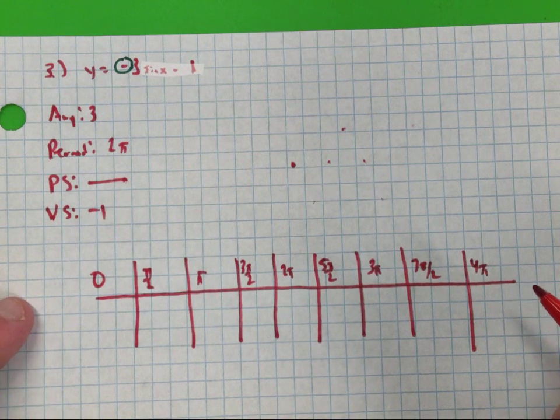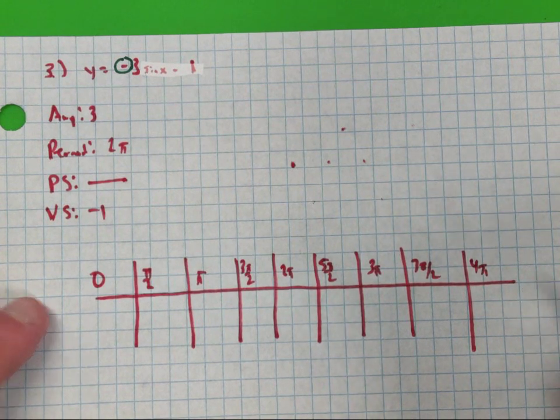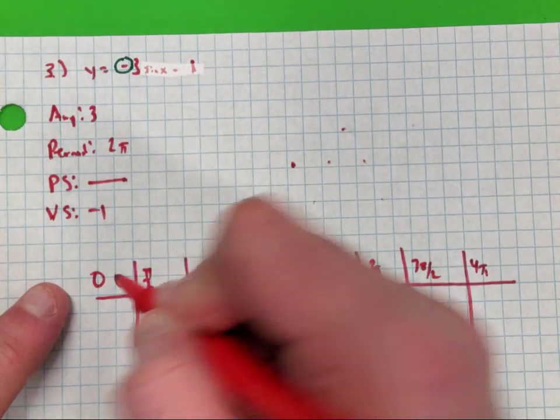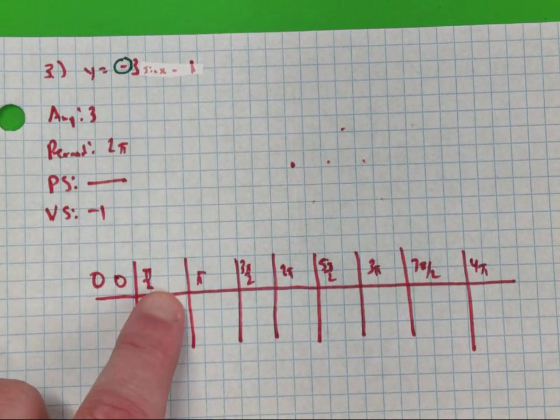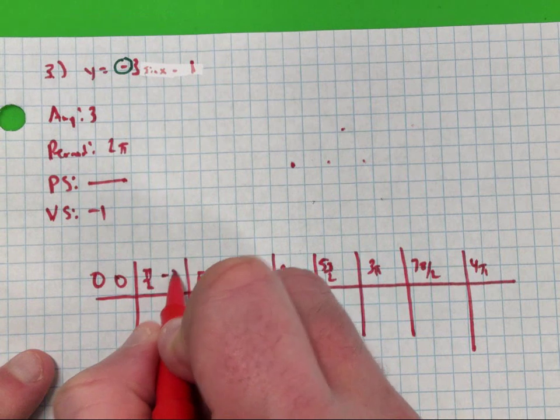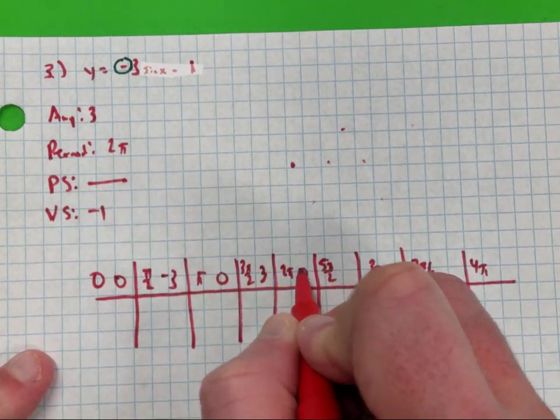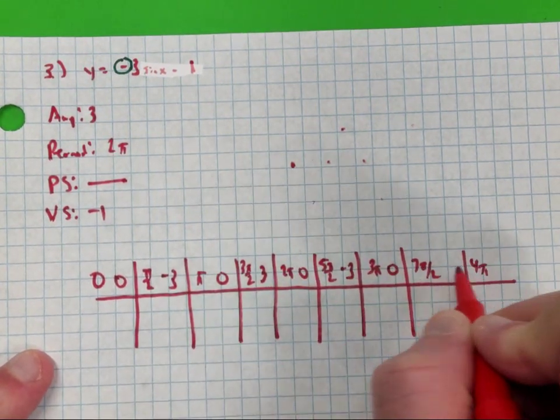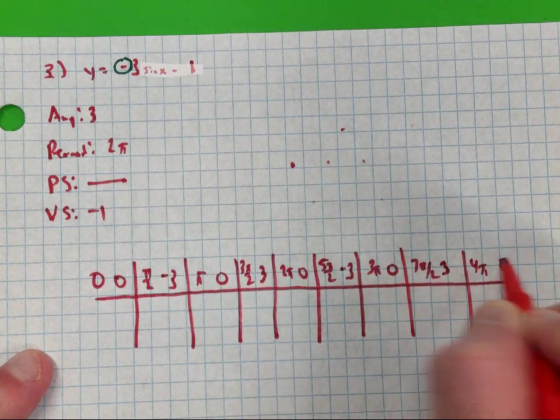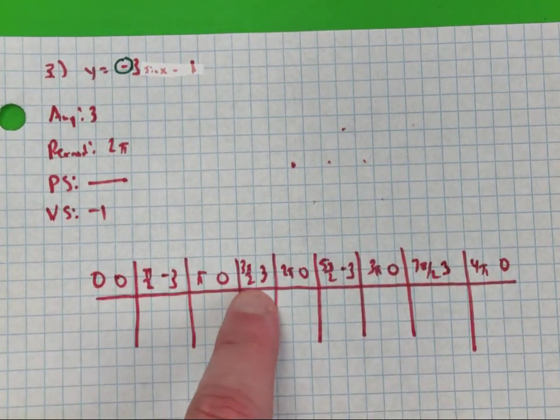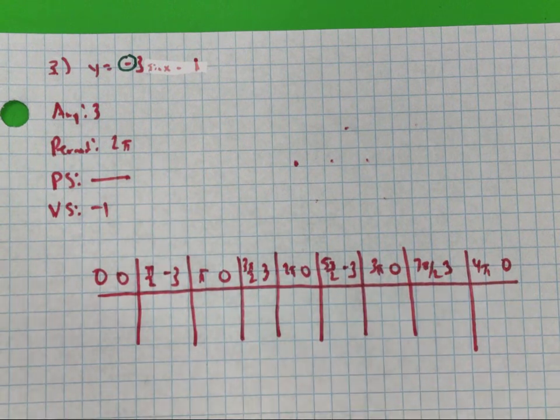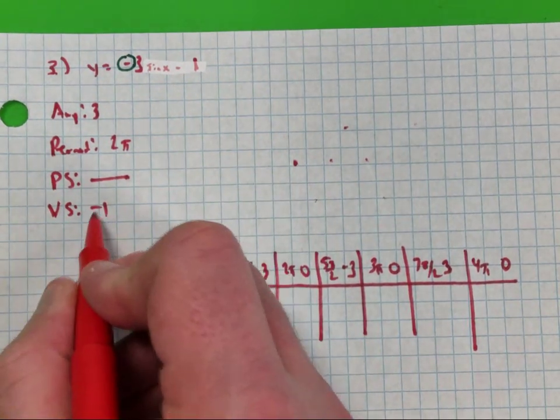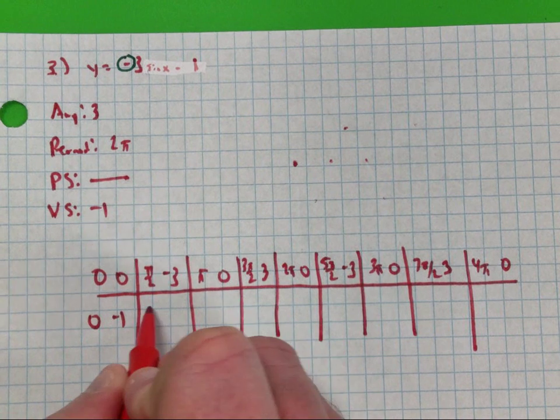All right, for sine, do I start at my origin or start at my amp? Origin. Now, since this is reflecting, am I going to go up to 3 or down to negative 3? Zero, negative 3, 0, 3, 0, negative 3, 0, 3, 0. Now, I'm going to keep my x coordinates the same. Since I do not have phase shift, I'm going to add a negative 1 to my y coordinates.